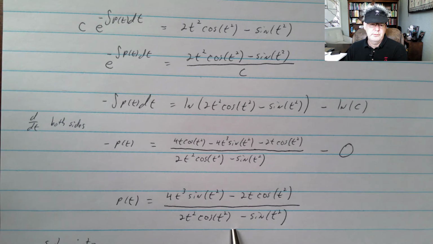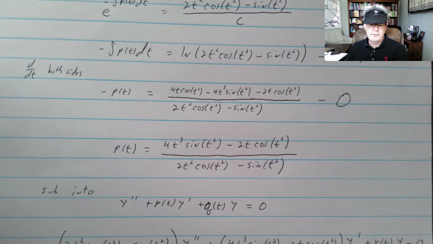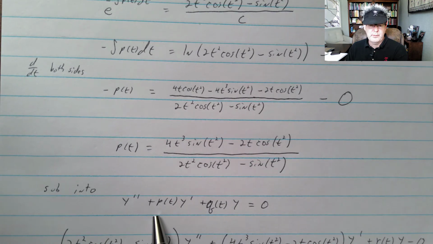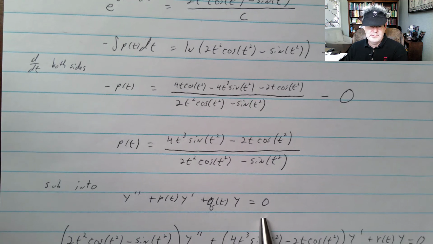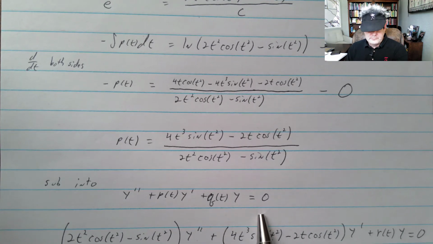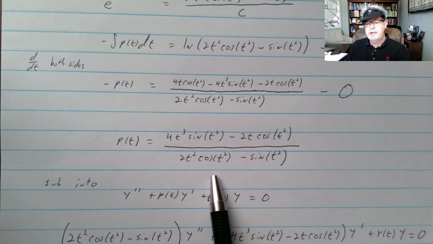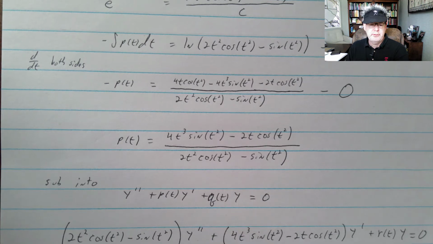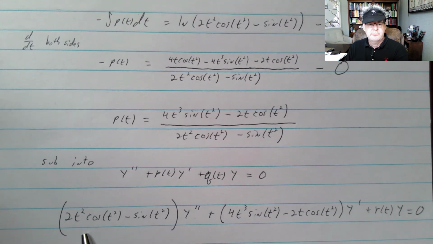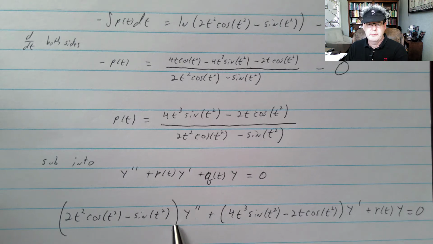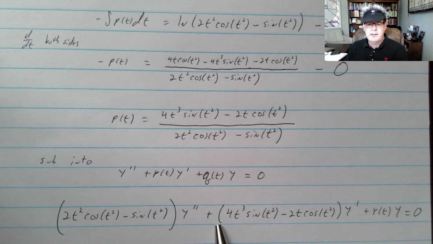Okay, so now I know my differential equation should have been y double prime plus p of t y prime plus q of t y equals 0. Now I know p of t. I'll put this in, and I'll go ahead and clear the denominator, so multiply through by this denominator. If I do that, then I get this, what was the denominator, times y double prime, plus this, which was the numerator, times y prime.